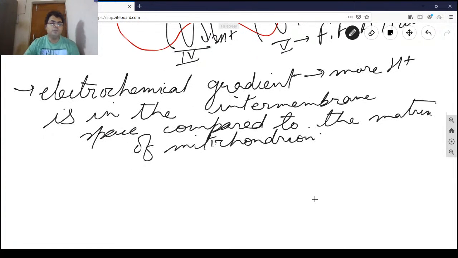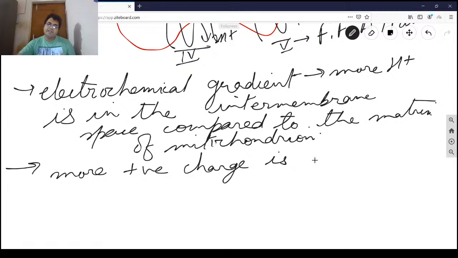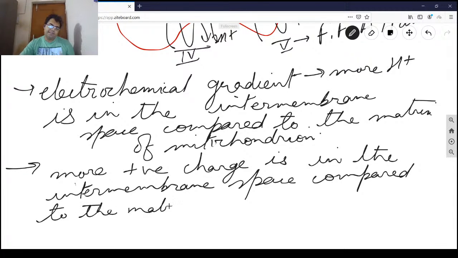Theory number 2: more positive charge is in the intermembrane space compared to the matrix of the mitochondrion.